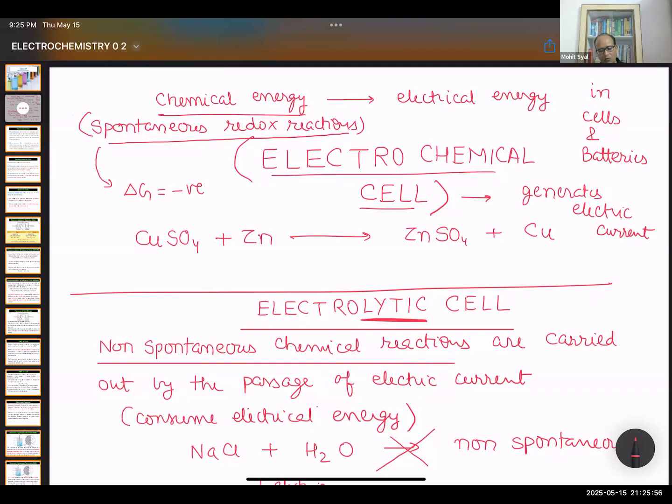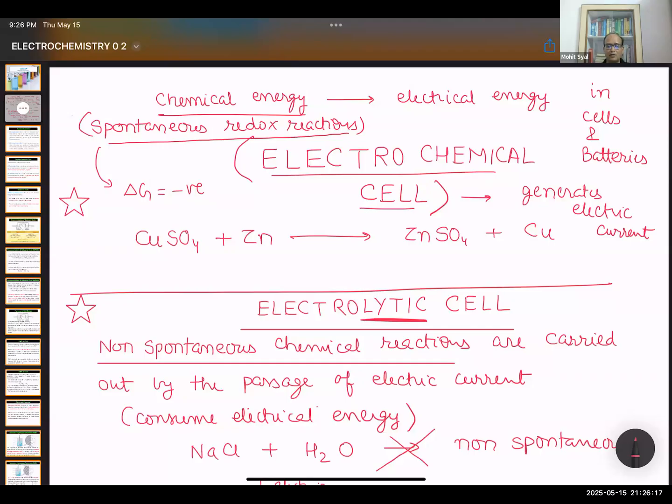You break them down by passing electric current, you react them. Okay, so this chapter is divided into two parts. We are doing this first part. We will start with this and then move on to this portion. These are two different portions of this chapter.